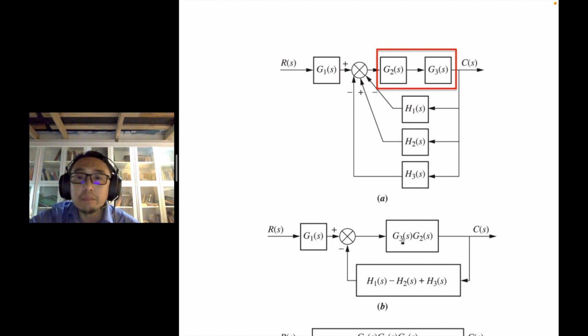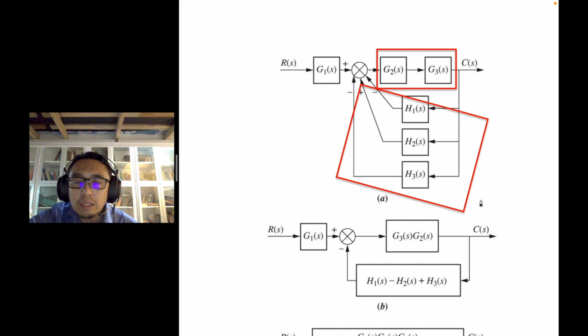So then you just multiply the blocks together, and when you have signals going into a summing junction such as this one, those signals can be added together. These are the parallel forms, so this part you can add together.